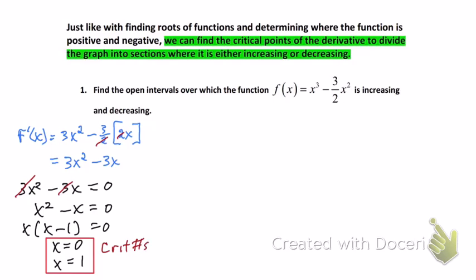Next thing. I'm going to use those critical numbers to divide the number line into 3 chunks. Like that. Now I want to test that left-hand chunk, the middle chunk, and the right-hand chunk.